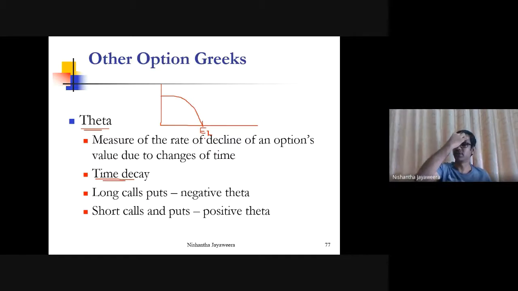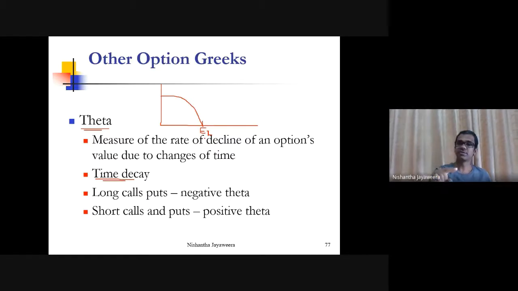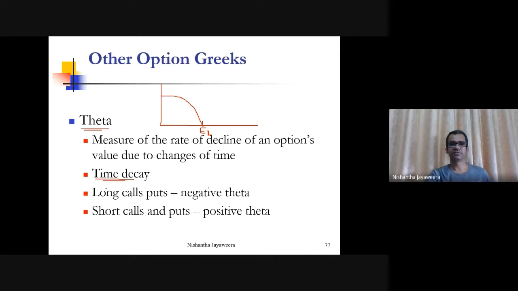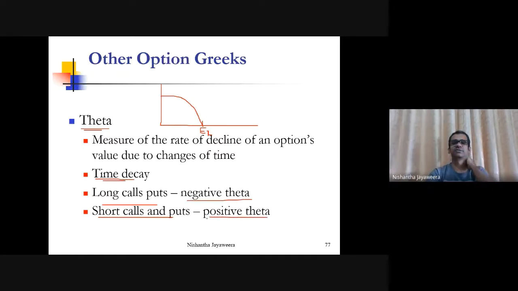So that is what we call time decay. This is a positive for whom? The seller of the option, and negative for the buyer of the option. So long calls will have a negative theta, and short calls and puts have positive theta, because they make money as time passes.